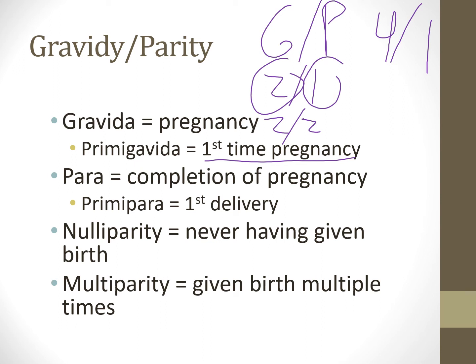Do they have previous preterm babies? Was there miscarriage? Things like that. So in theory, that could be a sign of a high-risk labor or high-risk pregnancy if their GP score's off.